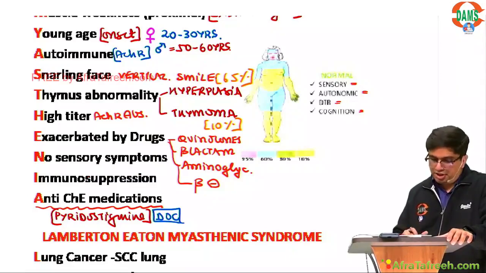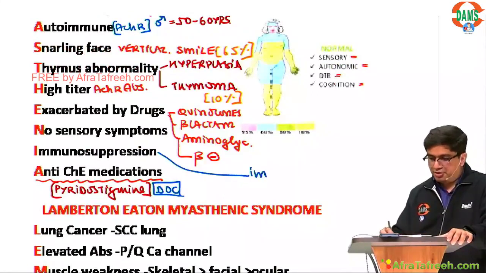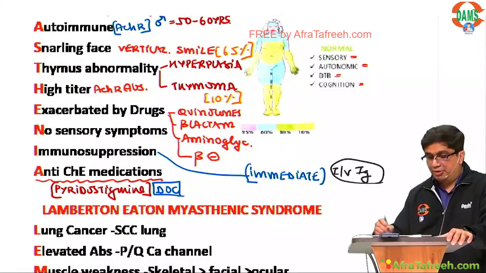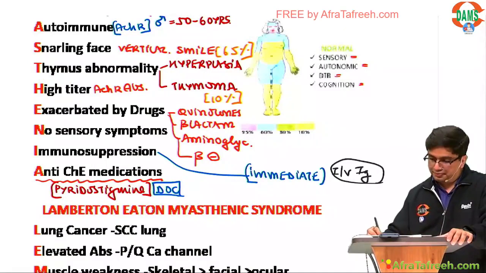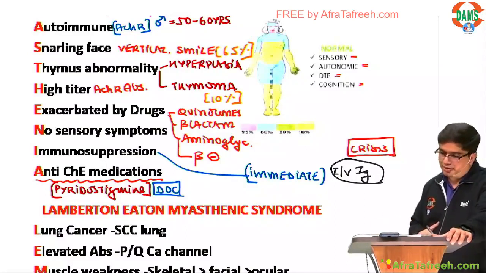In the immunosuppressive therapy, don't forget, the immediate response could happen with IVIG or plasmapheresis. IVIG therapy is generally given in myasthenic crisis, in which the patient develops respiratory muscle weakness and is ready to come on a ventilator any moment.